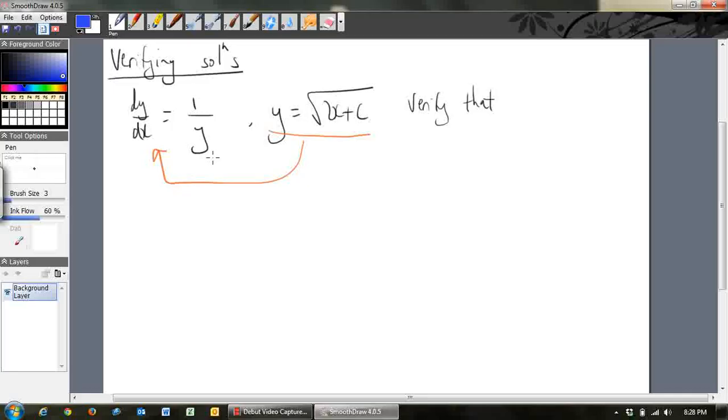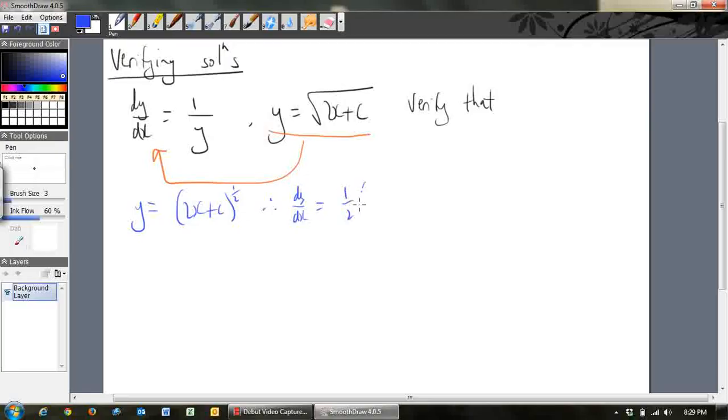Our differential equation says the derivative of y with respect to x is equal to 1 over y. Okay, so firstly, let's find the derivative of y with respect to x. Okay, so y is equal to (2x plus c) to the power half.